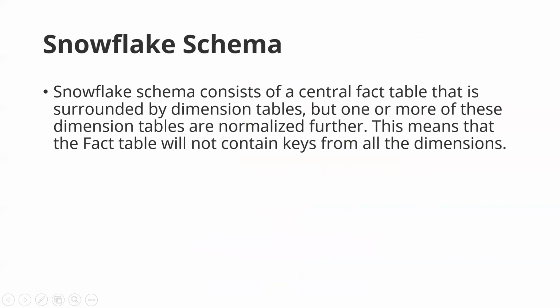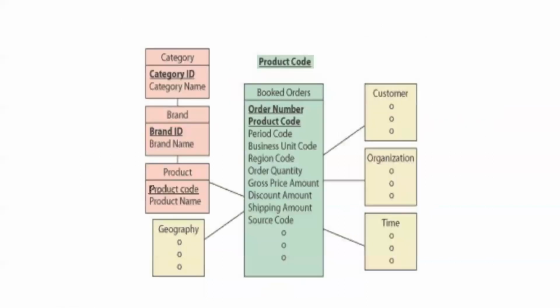Okay. Now, what is snowflake schema? We can see here is an example. We have this fact table. We have the dimensions, but over here you can see product dimension, we have brand dimension. Brand dimension is not directly joined with the fact table. Rather, it has been split from the product table itself. So to get the brand information and to join with the fact table, we cannot directly join with brand.